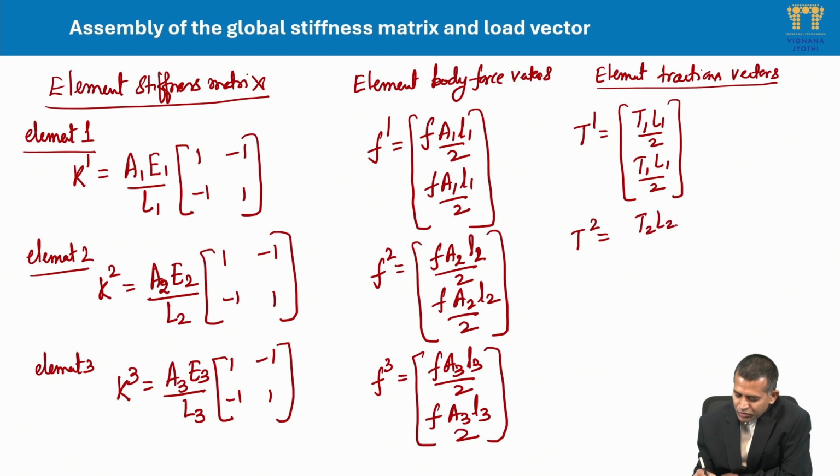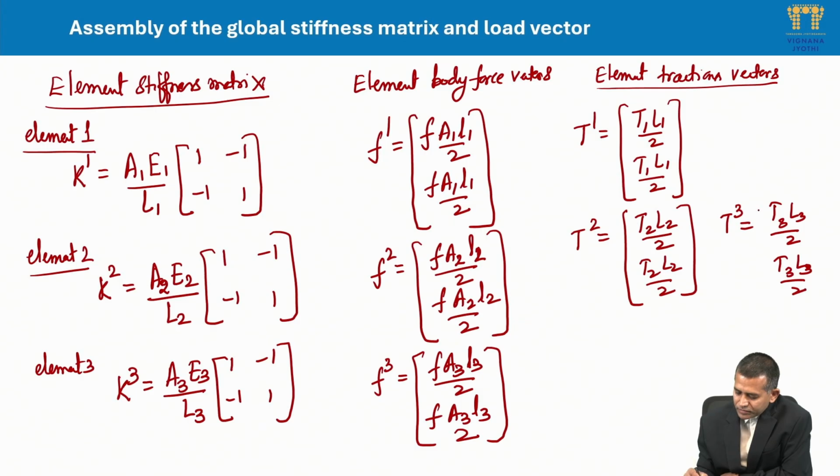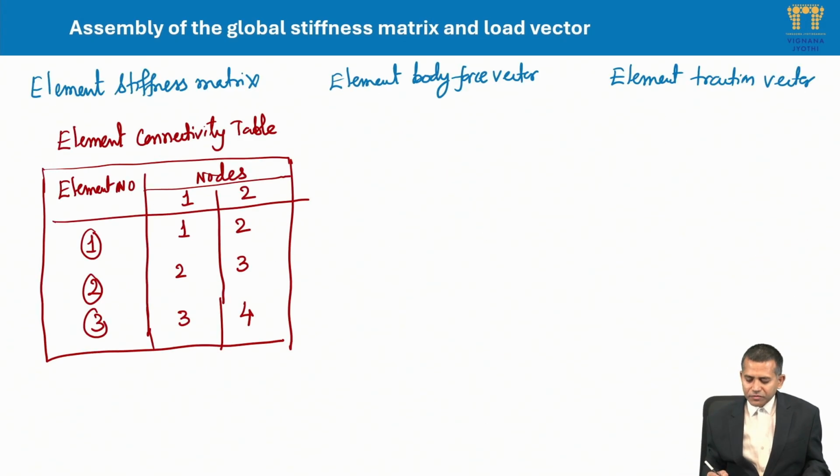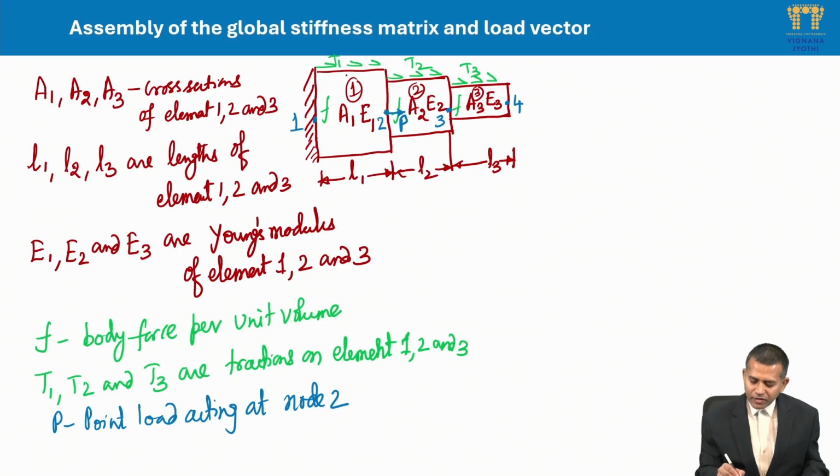Same for element 2, it is T2 L2 by 2 and T2 L2 by 2. Here I write traction 3, that is T3 L3 by 2 and T3 L3 by 2, right? So if you observe this, when you have the body force, half of the first element's body force we are shifting to node 1 and half to node 2. Similarly for tractions also, right?